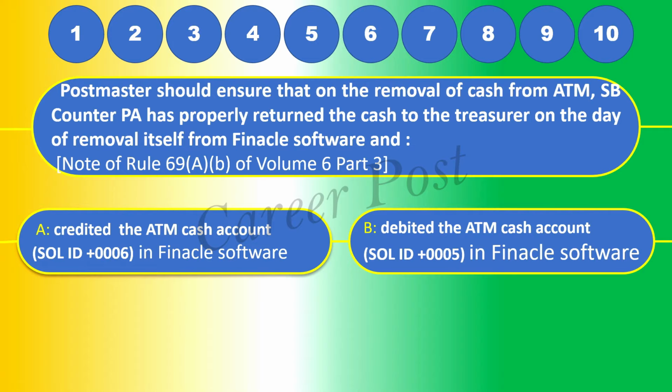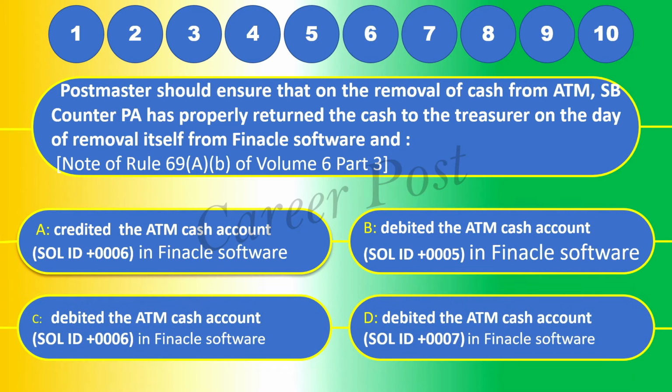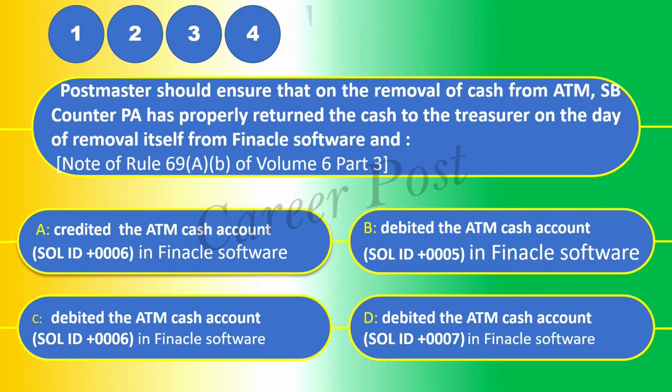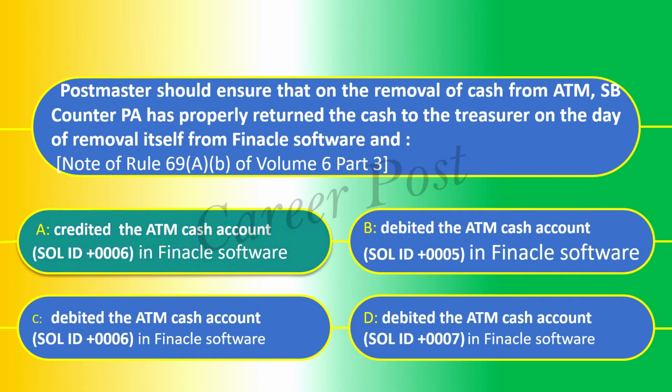B. Debited ATM cash account sole ID 005 in Finacle software. C. Debited the ATM cash account sole ID 006 in Finacle software. D. Debited the ATM cash account sole ID 007 in Finacle software. Your time starts now. Post in the comment section your answer, whether it is A or B or C or D. The answer is credited ATM cash account sole ID 006 in Finacle software.